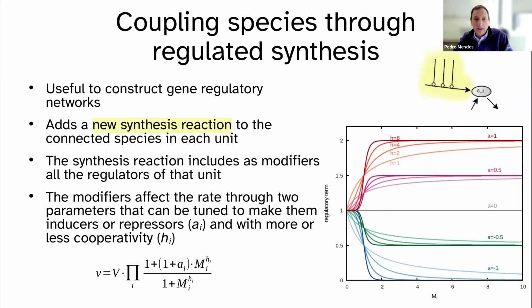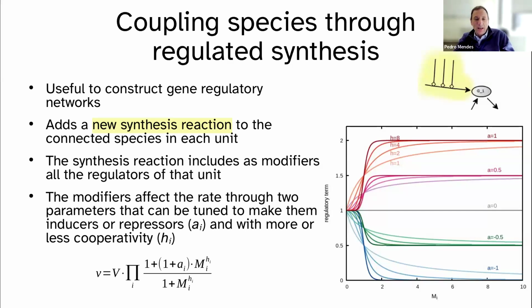And then the coupling by regulated synthesis, this is for gene networks, remember again. Now we look at the unit that is receiving the inputs from other units. That unit has a species that is now regulated by other species equivalent to it, but in the other units. And so we have to add a synthesis reaction.